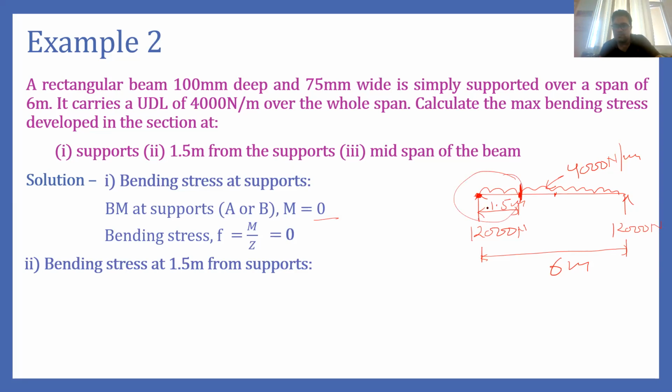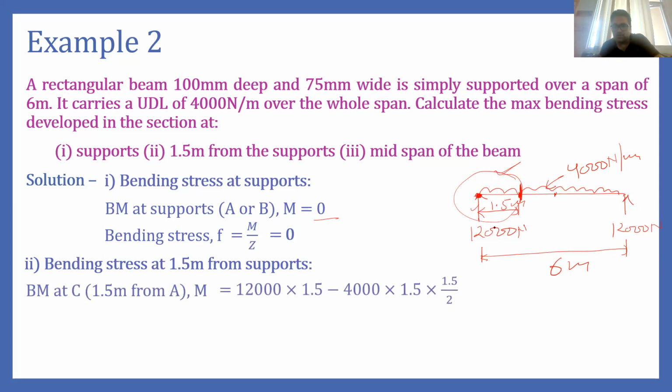Considering this part, we have the reaction and the UDL over 1.5 meter length. Calculating the algebraic sum, the bending moment at this point will be 12,000 multiplied by 1.5.